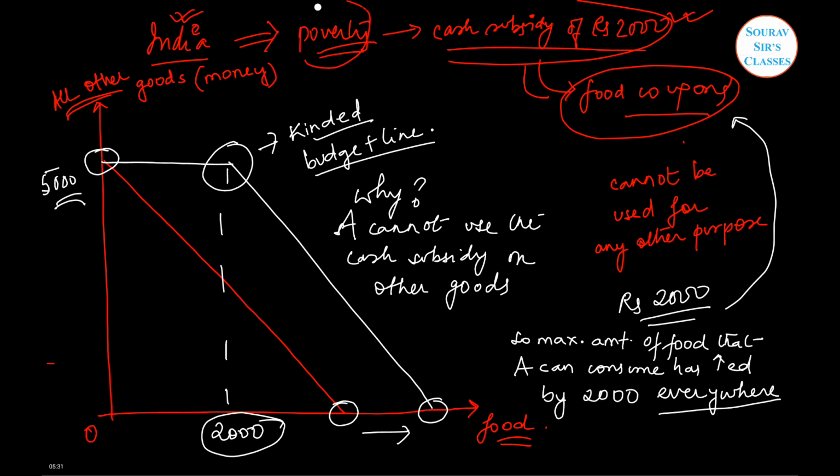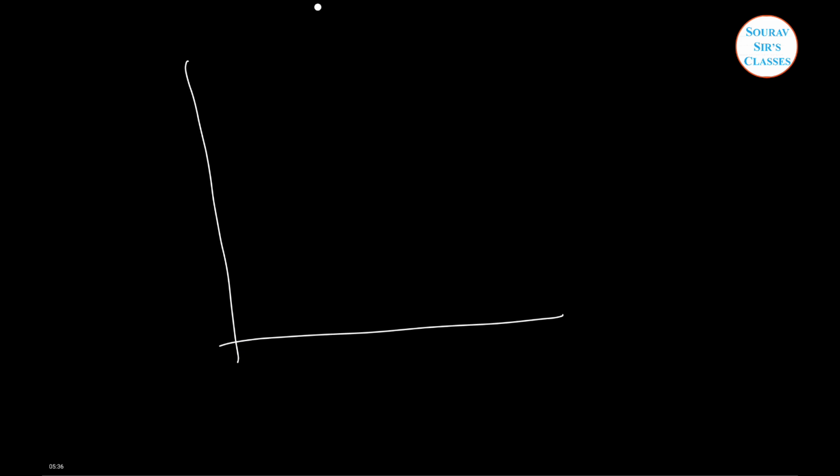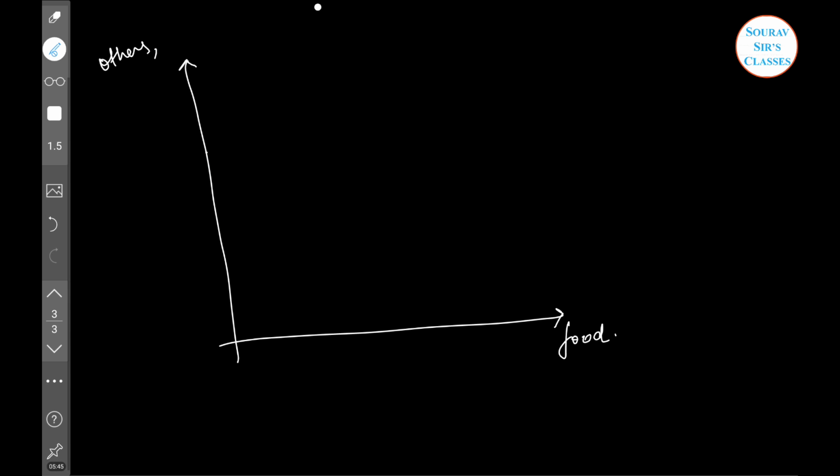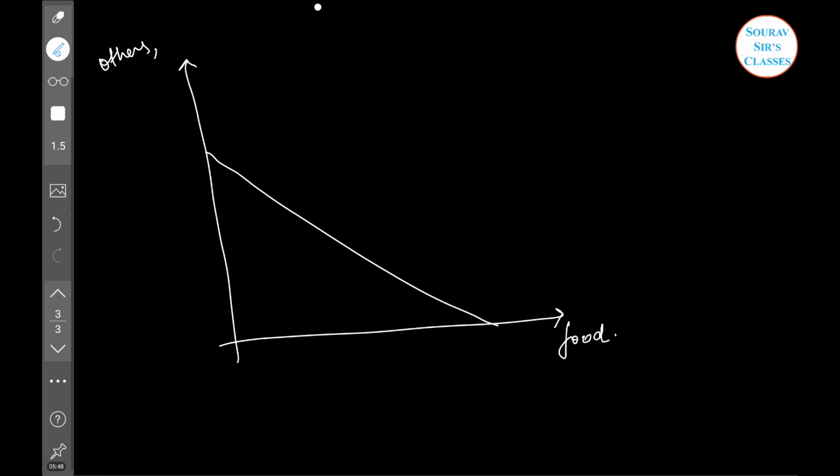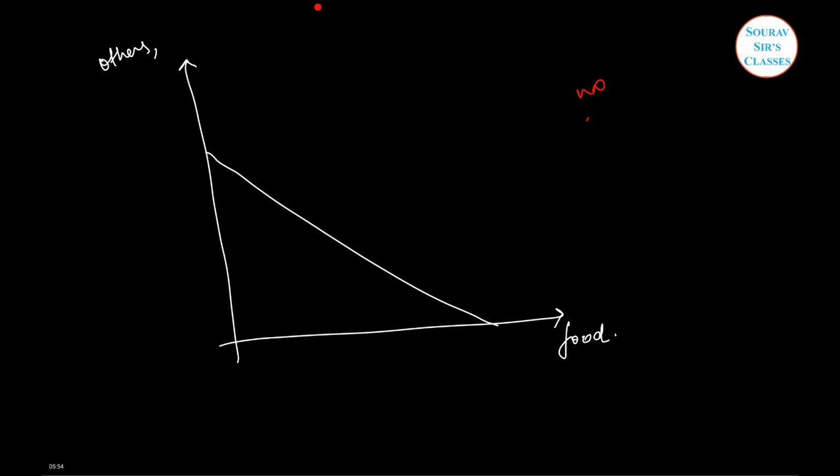Now, if there had not been such a restriction, then our new budget line would have been something like this. If this is food and this is others, and we have an initial budget line like this, and we get a cash subsidy on which there is no restriction and you can use it on any good, then there would have been a parallel shift of the budget line, and the intercept on both sides would have changed.